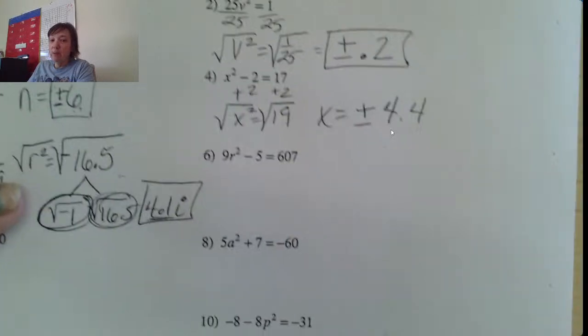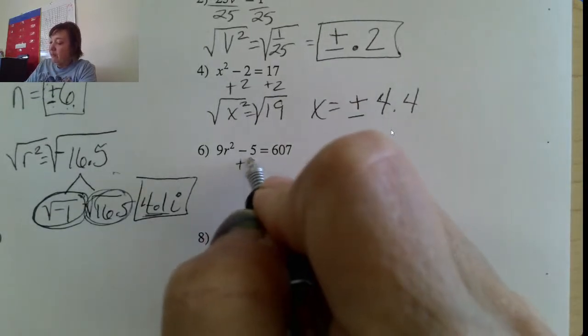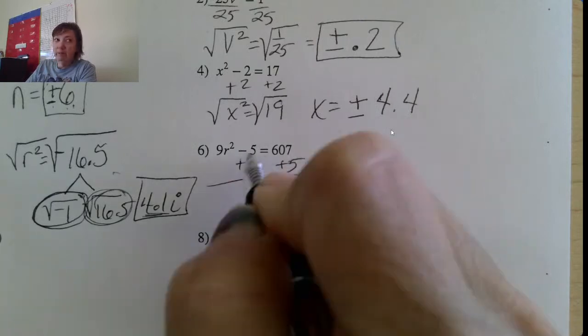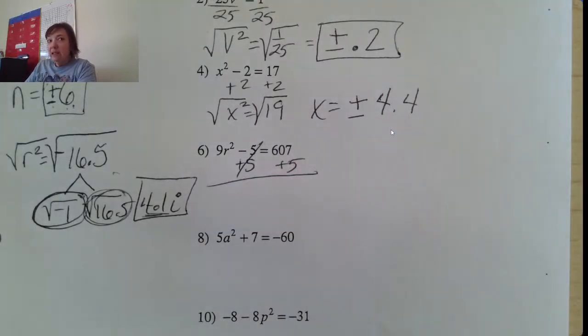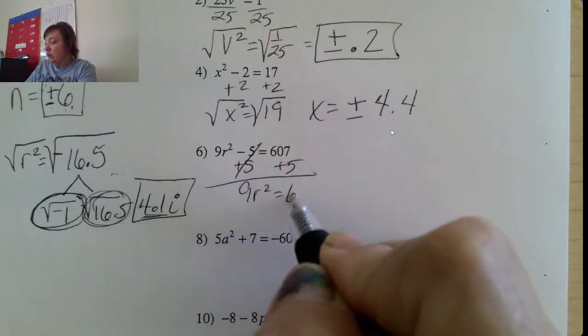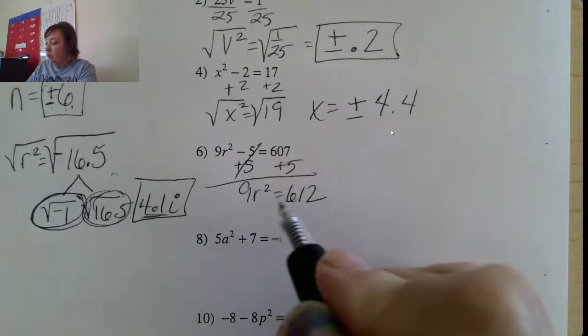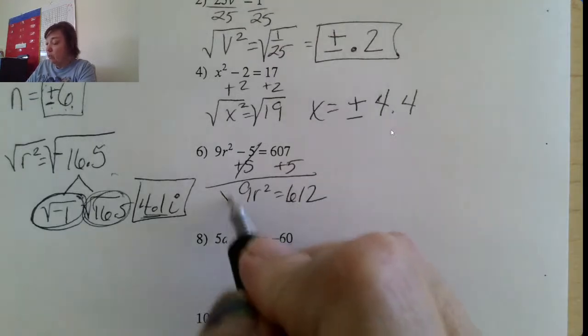What you gonna do? Add 5. Add 5. David thought I was talking to him. He looked up. Okay, so we got 9r squared equals 612. Now what? We could, and let's do that because you've been wanting to do that every time.